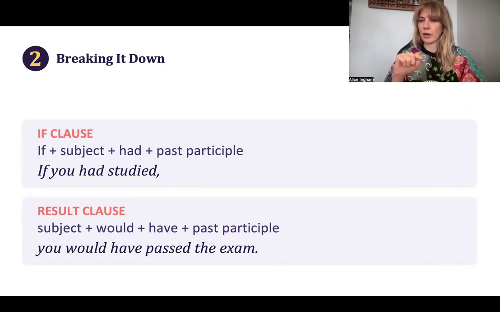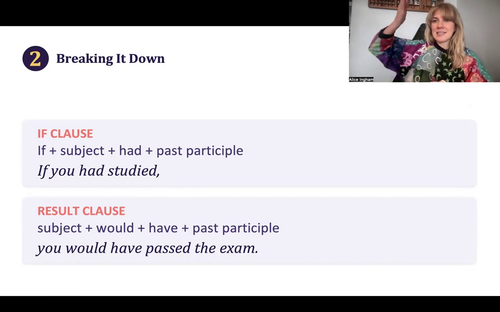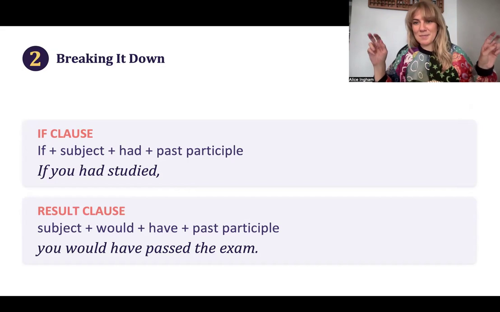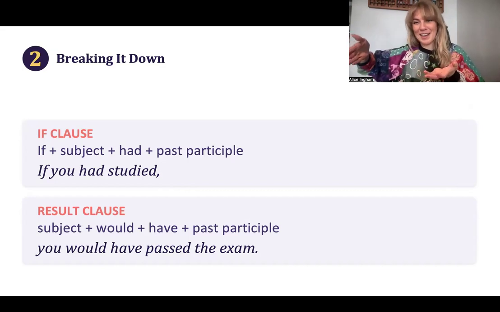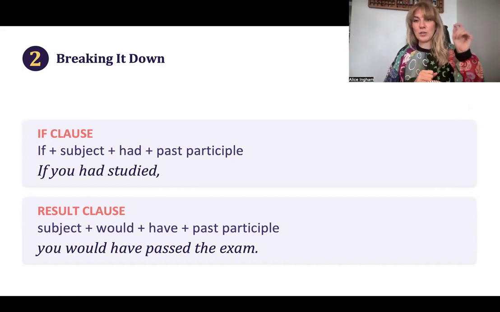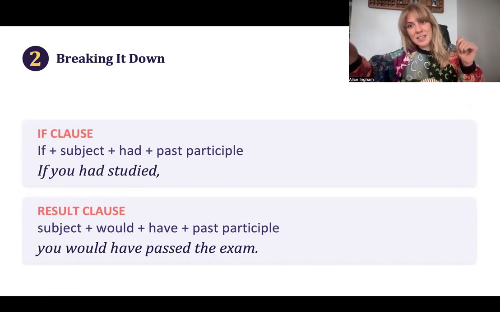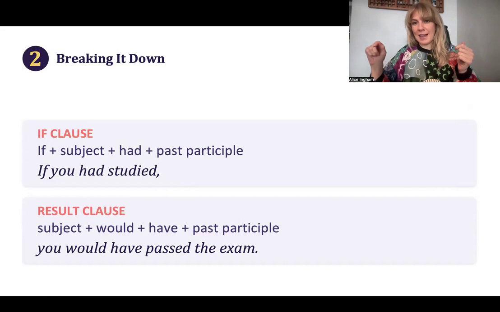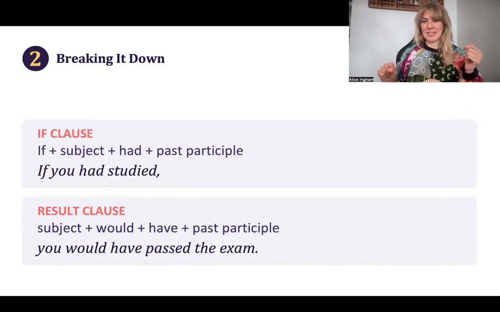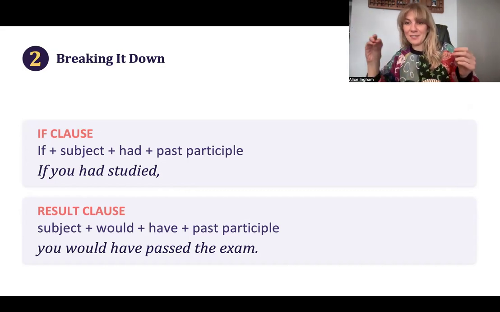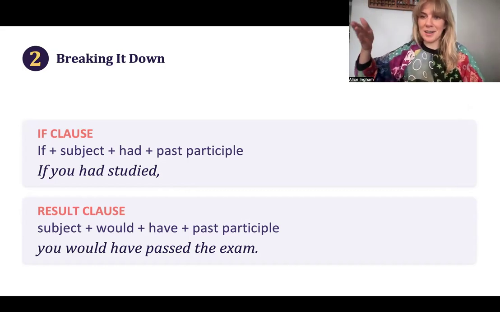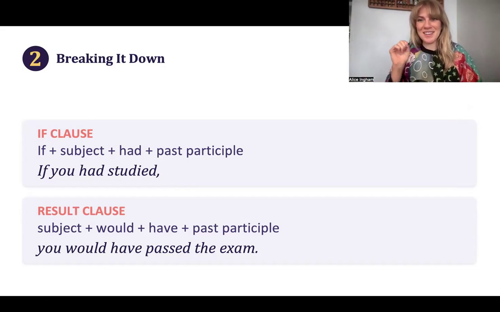If you don't know, the past participle is the third verb in the typical columns that you would learn verbs. So do, did, done. Done is your past participle. Read, read, read. Read is your past participle. Give, gave, given. Given, your past participle. So it's the third one in the textbook columns.